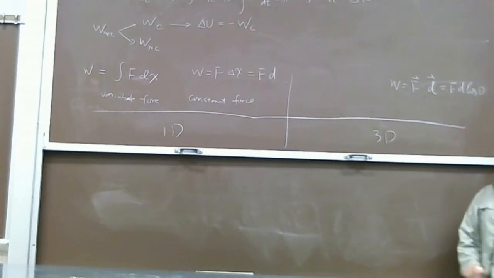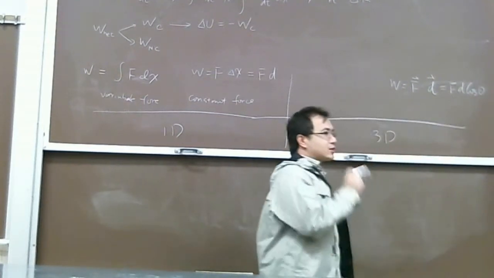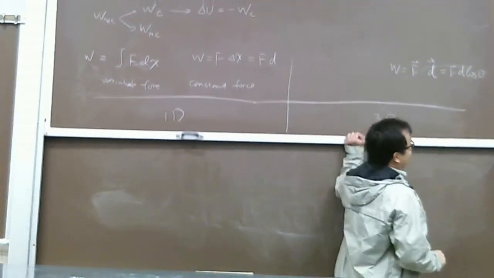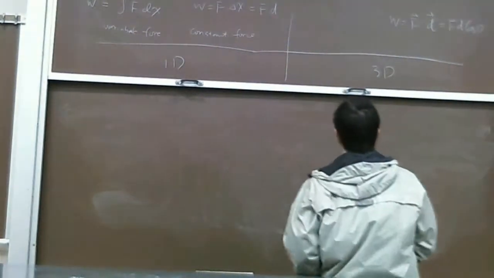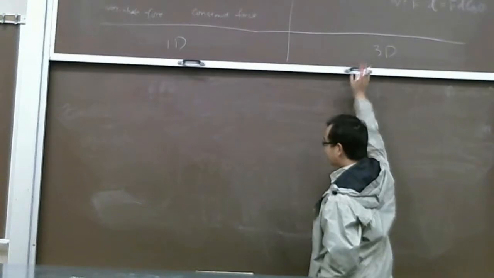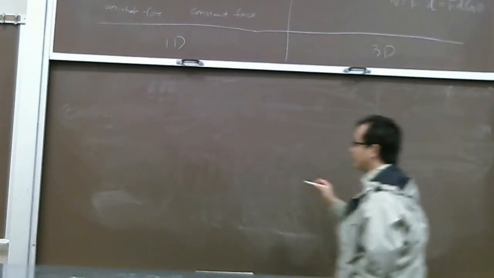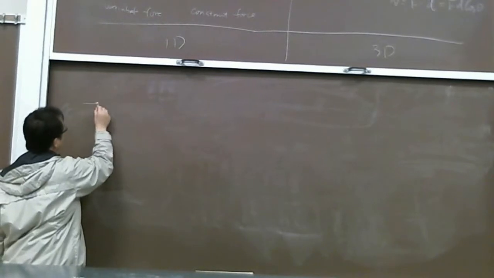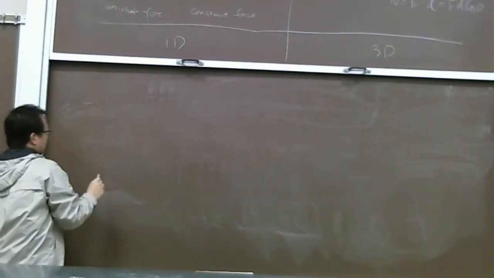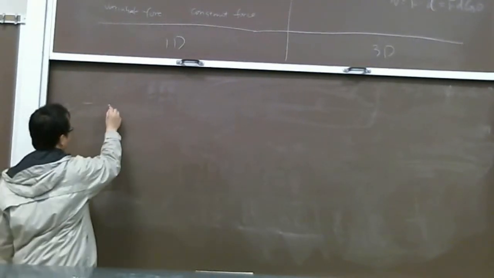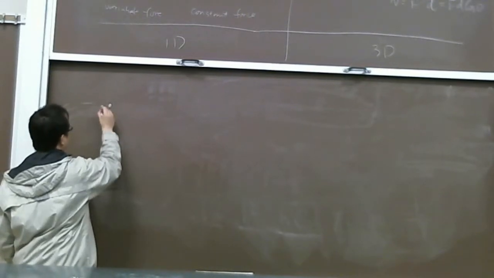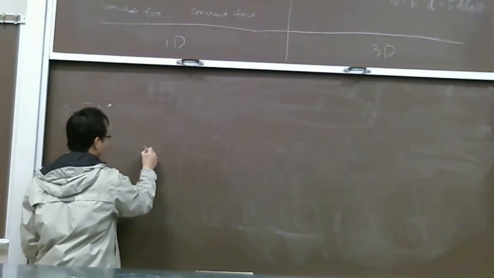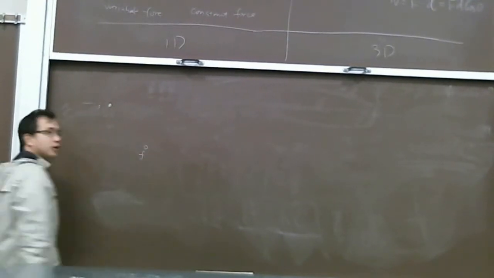Now, if we look at the gravitational force, let's try to evaluate the work done by the gravitational force. For example, initially the object is at some initial position i. Finally, it ends at another position f.